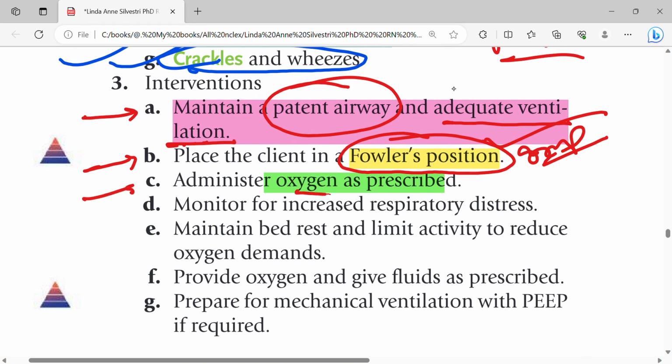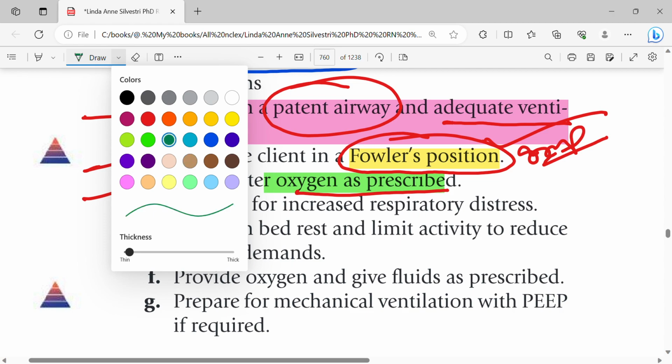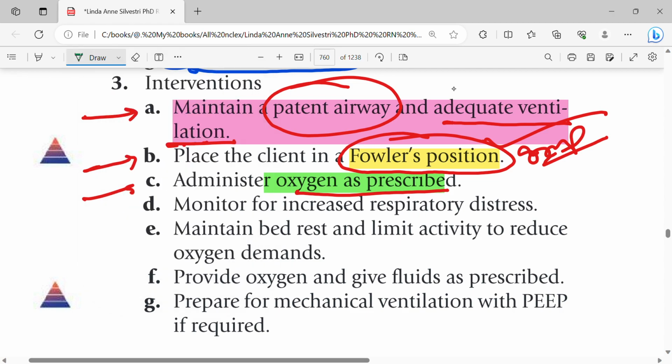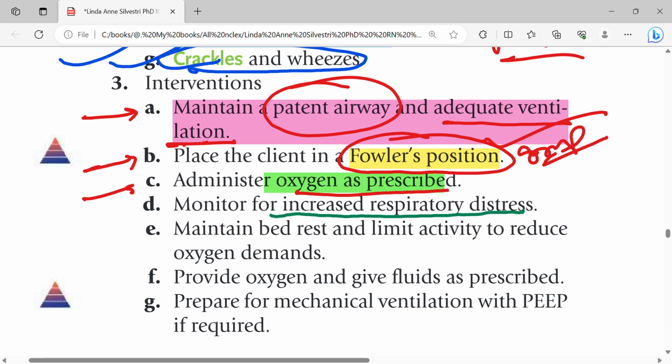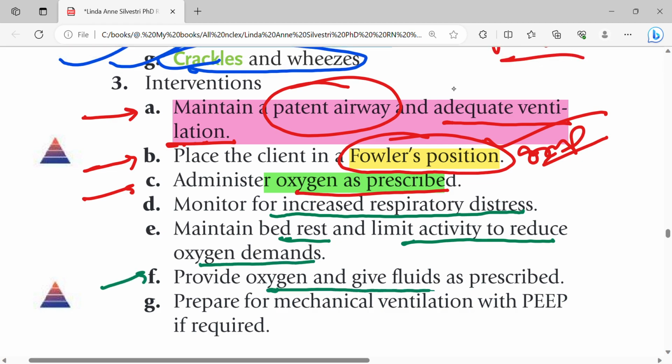The next one is to administer oxygen and monitor for increased respiratory distress. Maintain bed rest, limit activity to reduce oxygen demand, and give fluids as prescribed.